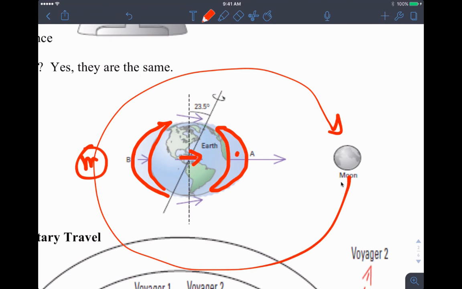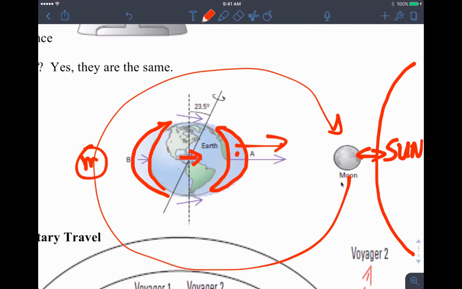Now, the idea too is if there's alignment of large masses, then the tide can be even greater. And so anytime that the sun, and I'll maybe just sketch that over here, and obviously this isn't proportional, but anytime the sun and the moon are lining up, then the sun will also exert its gravitational pull on the Earth, and potentially you could see a greater tide when there are other bodies that are lined up.